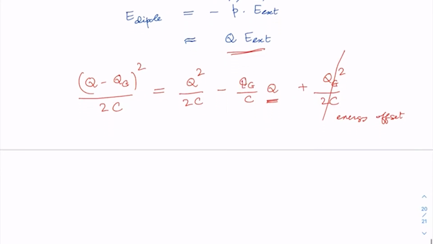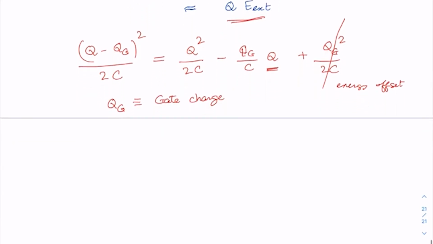So this Qg is known as the gate charge, and it is associated with the external field. In other words, we can take the external electric field into account by incorporating this term Qg in our Hamiltonian. Qg is actually a preferred charge of the system, because the system always would like to have low energy.